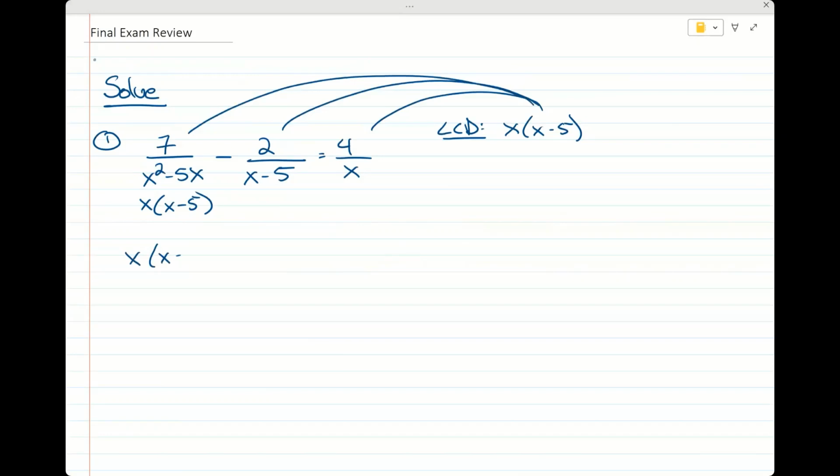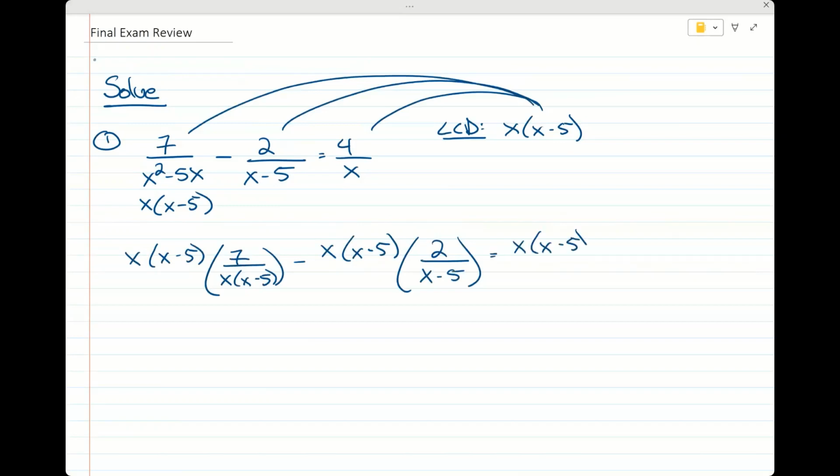So x times x minus 5 times 7 over x times x minus 5 minus x times x minus 5 times 2 over x minus 5 is equal to x times x minus 5 times 4 over x. I'd recommend that you write everything out so that way you don't miss any terms.